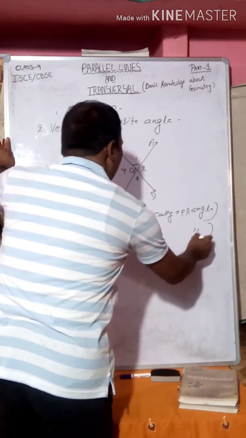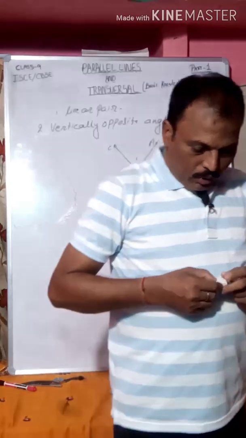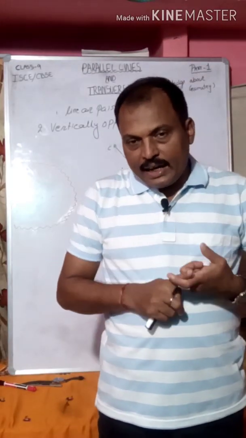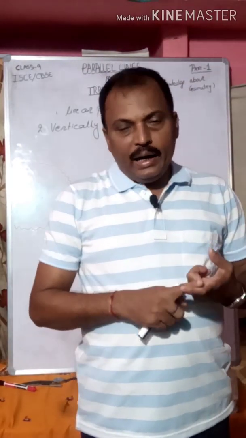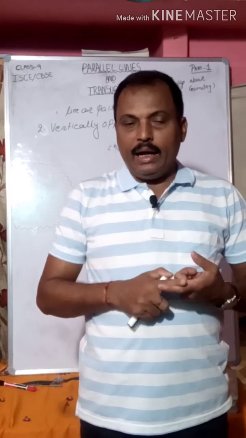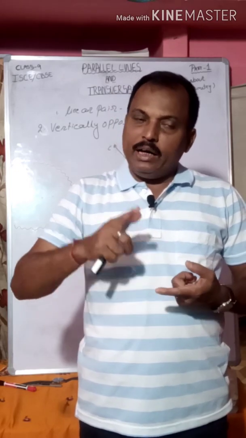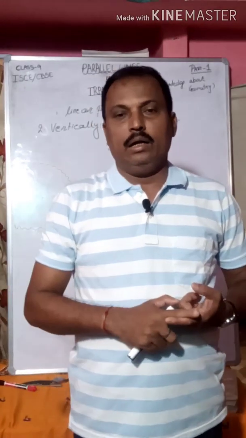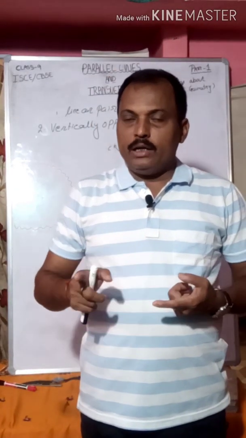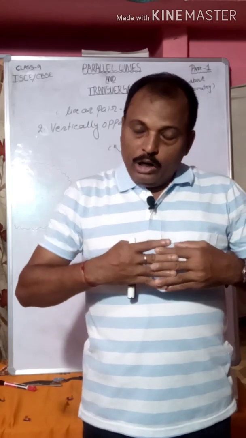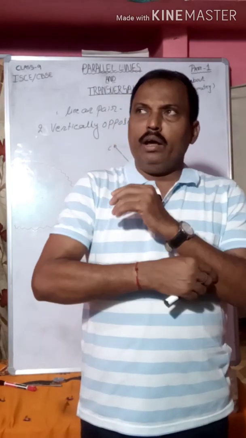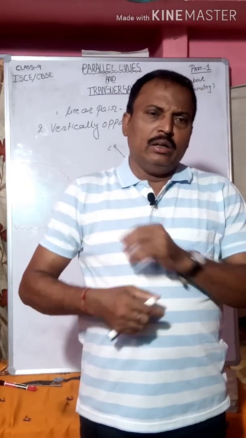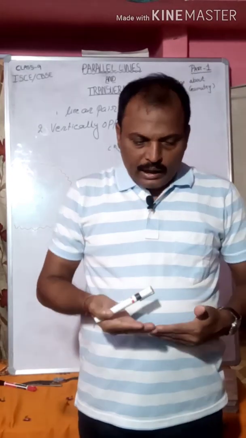So how is a vertically opposite angle formed? When two lines intersect at a point, any angle is equal to its vertically opposite angle, which is not its adjacent angle. Vertically opposite angles are equal. You already studied this in earlier classes.